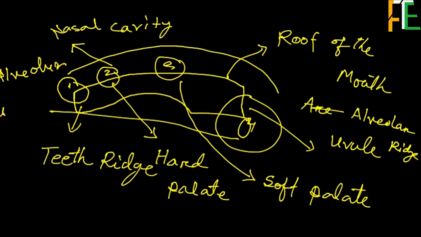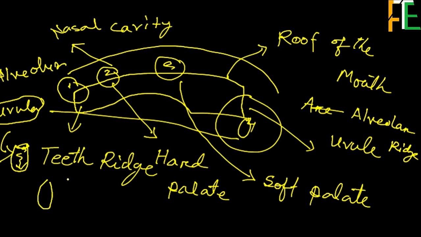The uvula is a tongue-like organ, a very small, fleshy organ hanging on the back of the roof of the mouth. You can say it is a small tongue. You can remember this as small tongue. It is a fleshy organ hanging on the roof of the mouth.